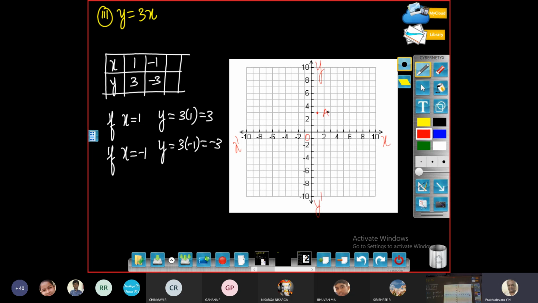Then point B, you see minus 1 comma minus 3. Minus 1 along the x-axis is on the left-hand side of 0. Then minus 3 means come downwards from there. 1, 2, 3. This is the point.